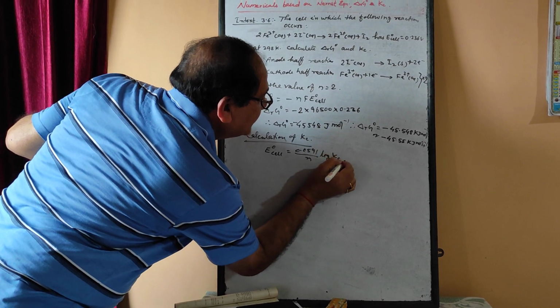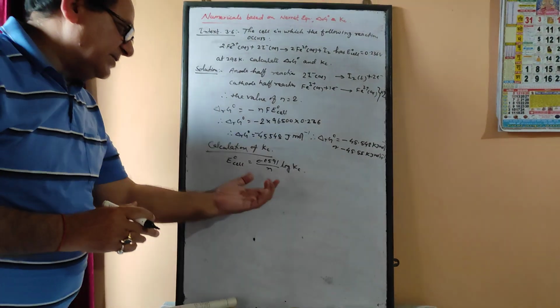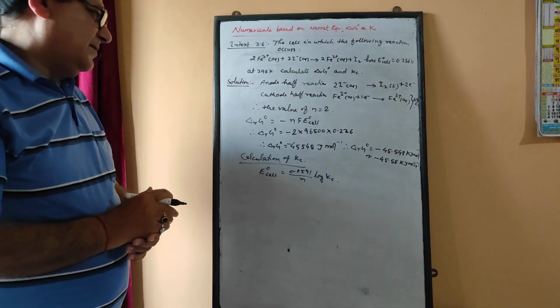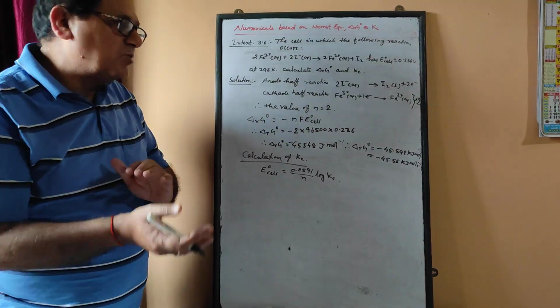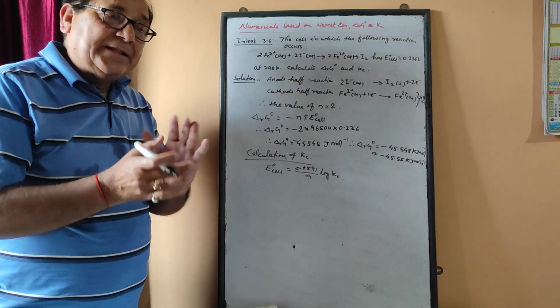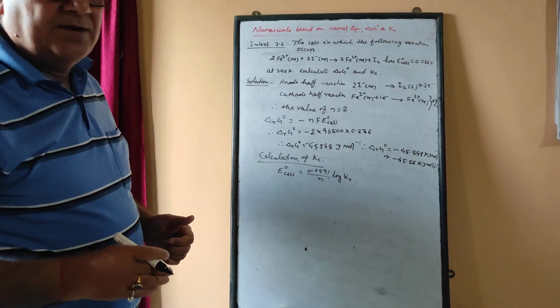Know this formula. It is my advice to adopt this formula, because while solving the numerical you may make a mistake in the calculation of delta rG0, and if you solve the value of Kc on the basis of delta rG0, there may be chances of error. So you have to use this formula.